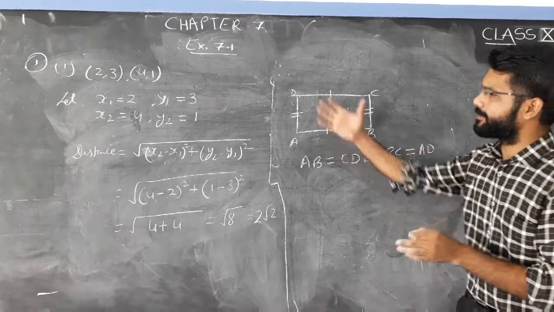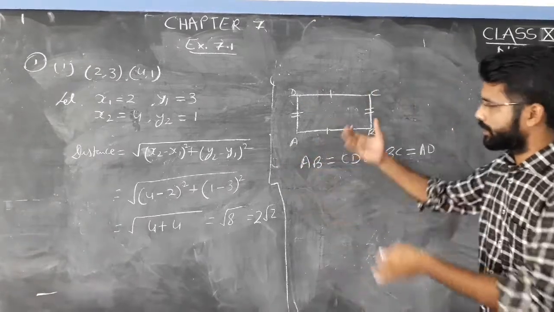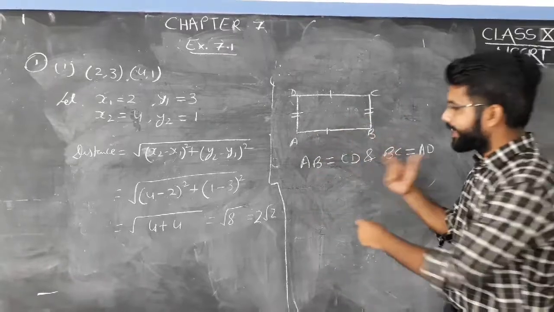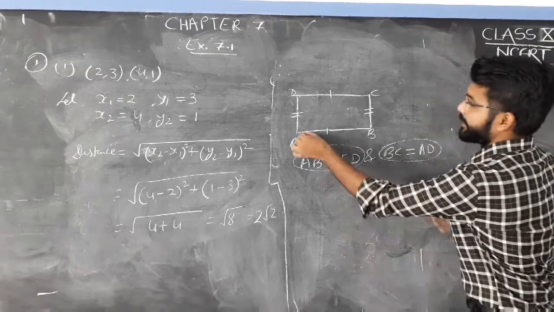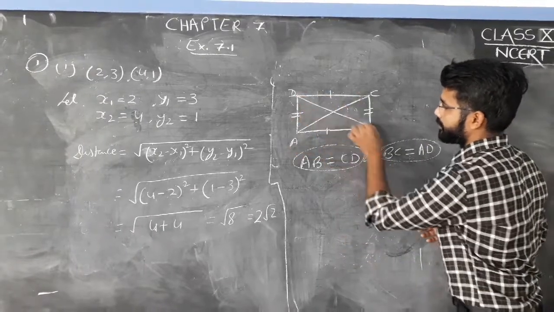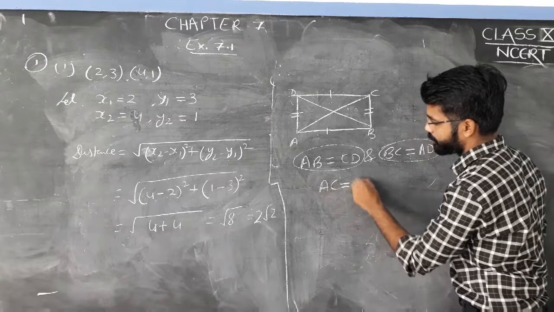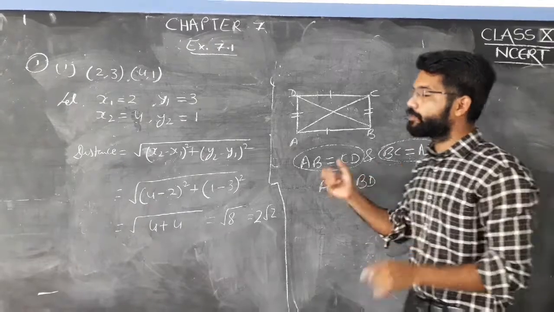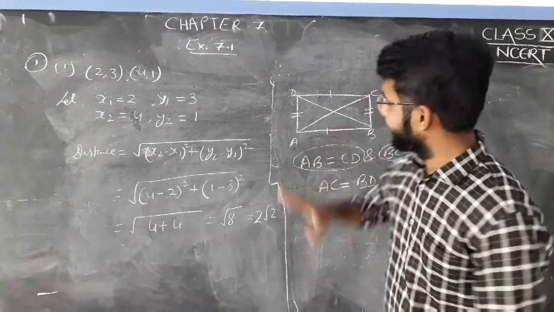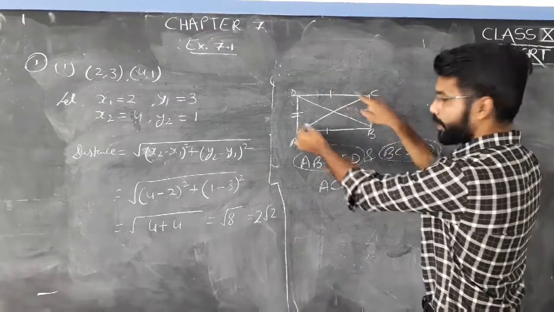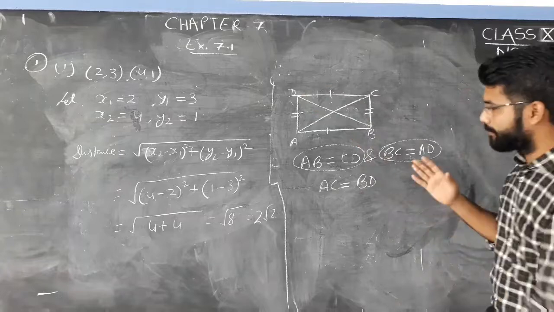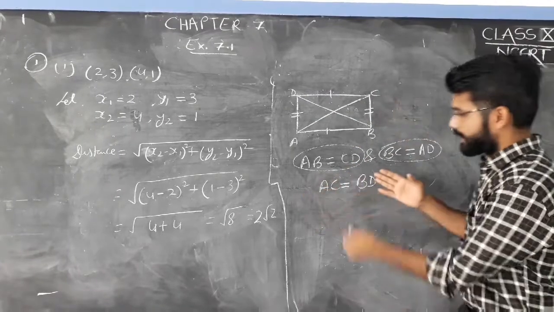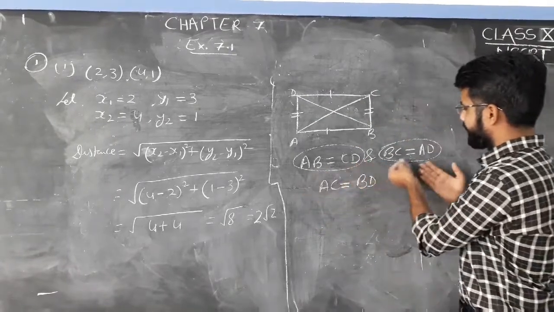Means opposite sides. वो point कुछ भी हो, whatever put here and you find if any two opposite sides are equal. Okay. And the diagonal are also equal. And one more thing, AC equal to BD, and you can say this would be what? A rectangle. Rectangle में क्या? Opposite sides equal होगी, and the diagonal should be equal. So this would be what? Rectangle. Is this clear?